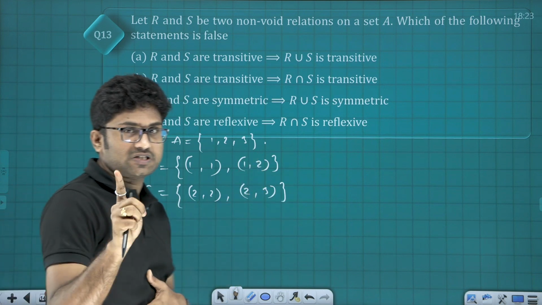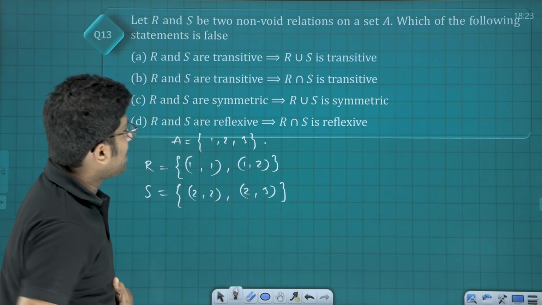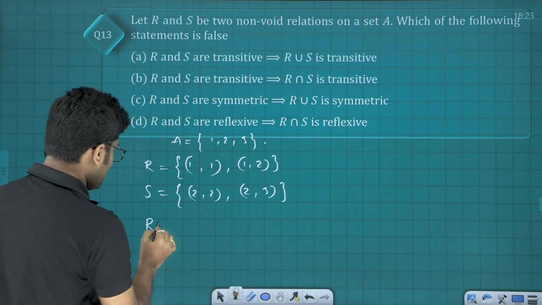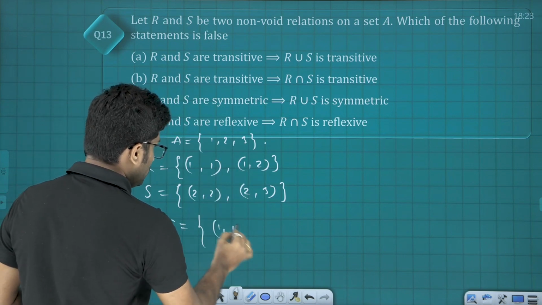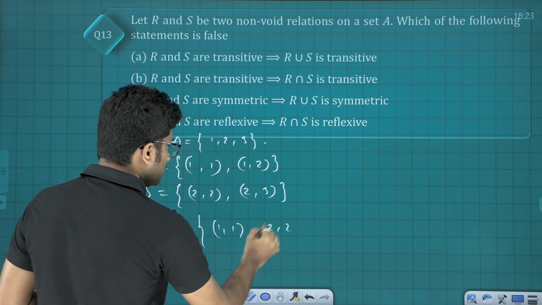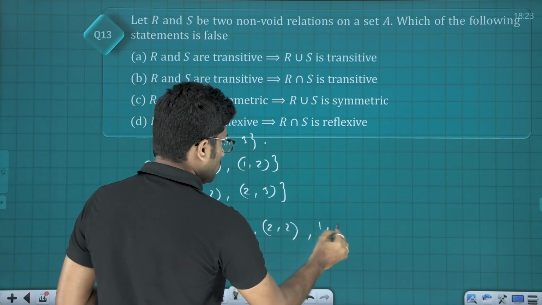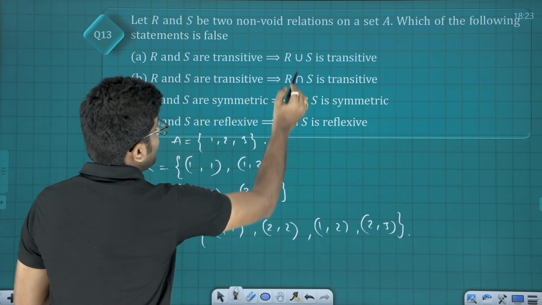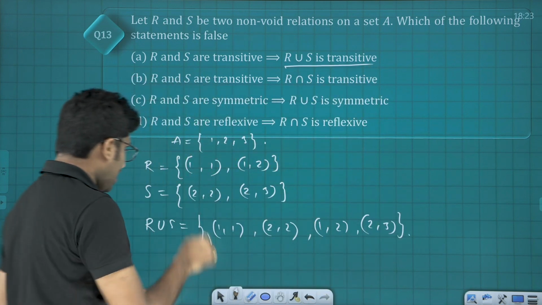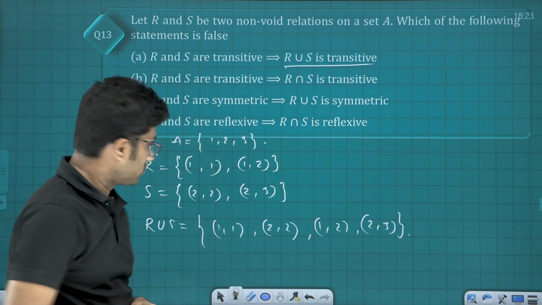We are verifying the first option. They said R union S is transitive. First let's find R union S. R union S means the set of all of these: (1, 1), (2, 2), (1, 2), (2, 3). Is R union S transitive?